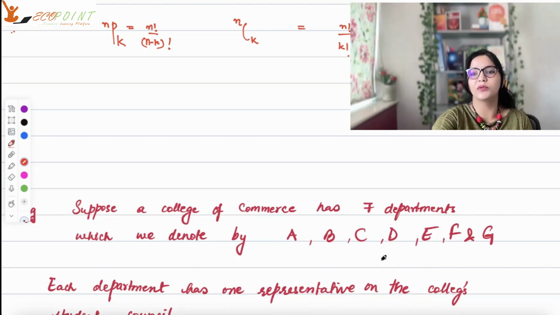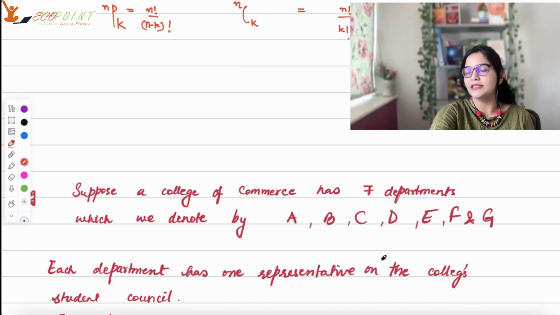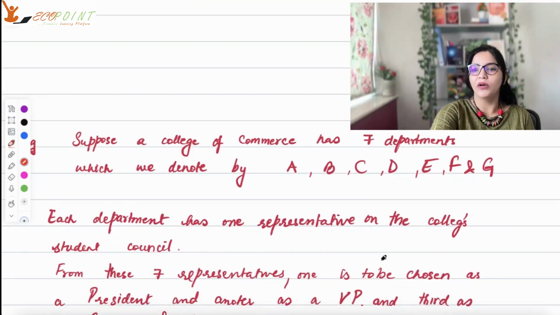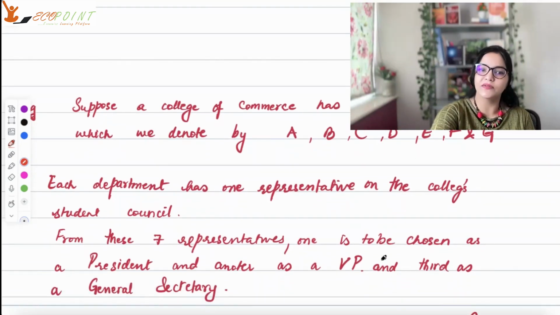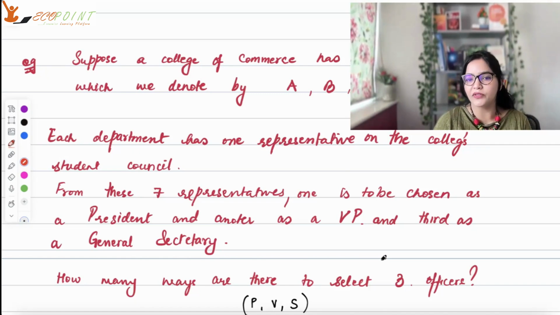Suppose a college of commerce has 7 departments, which we denote by A, B, C, D, E, F, G. Each department has one representative on the college student council. From these 7 representatives, one is to be chosen as president, another as vice president, and a third as general secretary. How many ways are there to select these 3 officers?